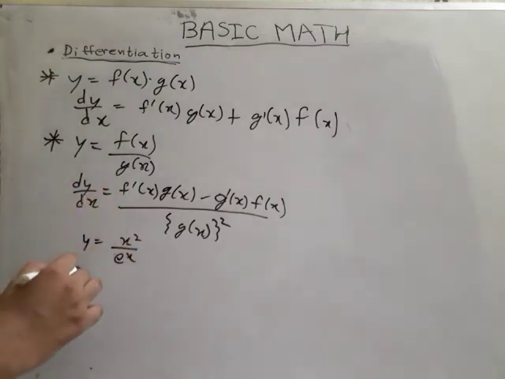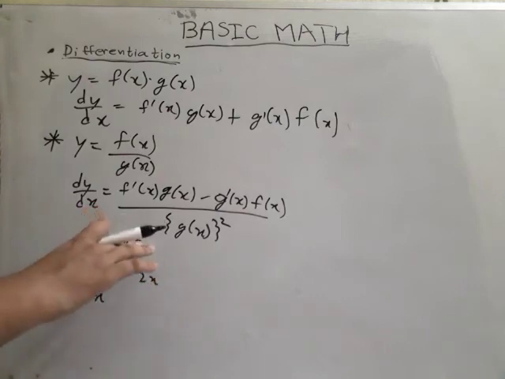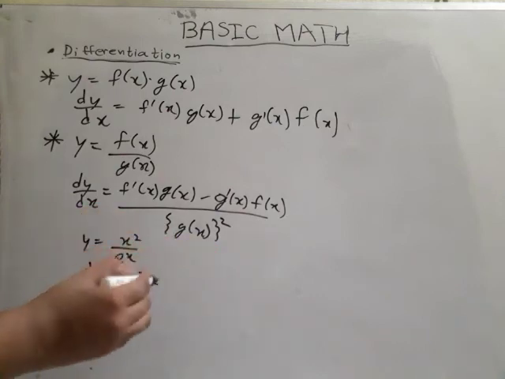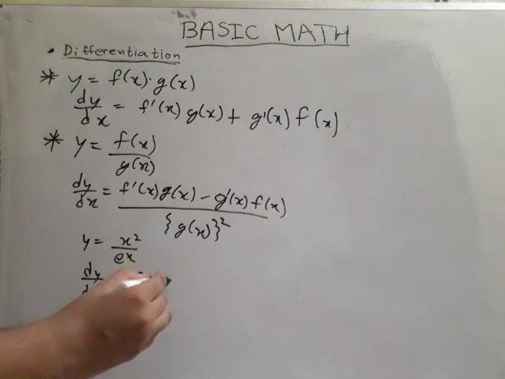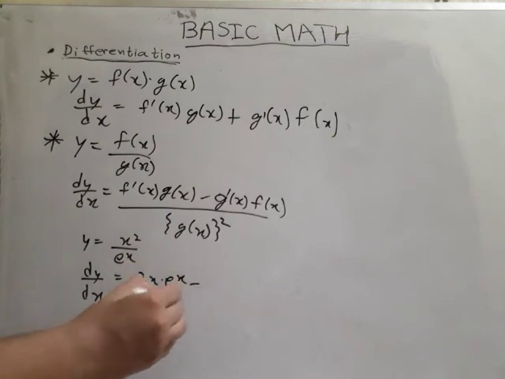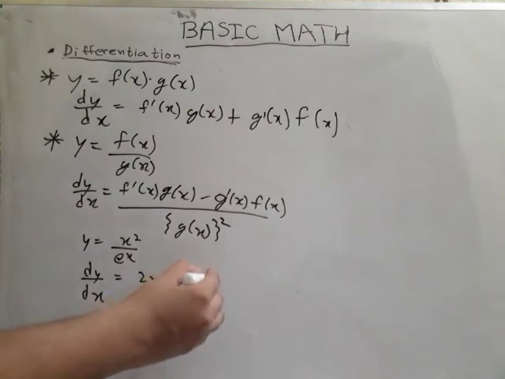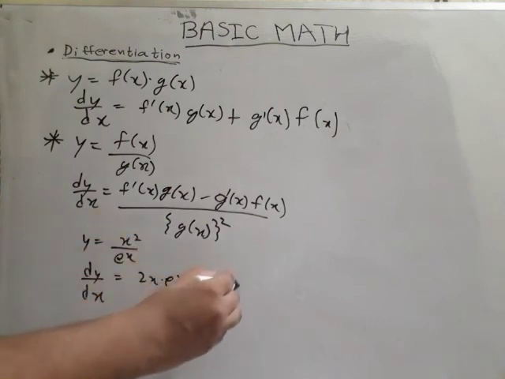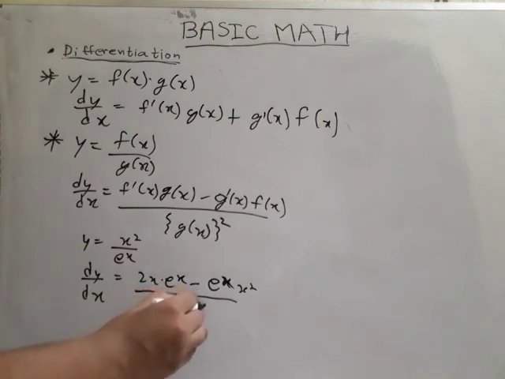So dy by dx becomes, first we differentiate x square, that is 2x, since n is 2, n x to the power n minus 1, 2x to the power 1, so 2x multiplied by g(x), that is e to the power x, minus differentiation of g(x), which is e to the power x, multiplied by f(x), the numerator x square, by square of denominator, e to the power 2x.